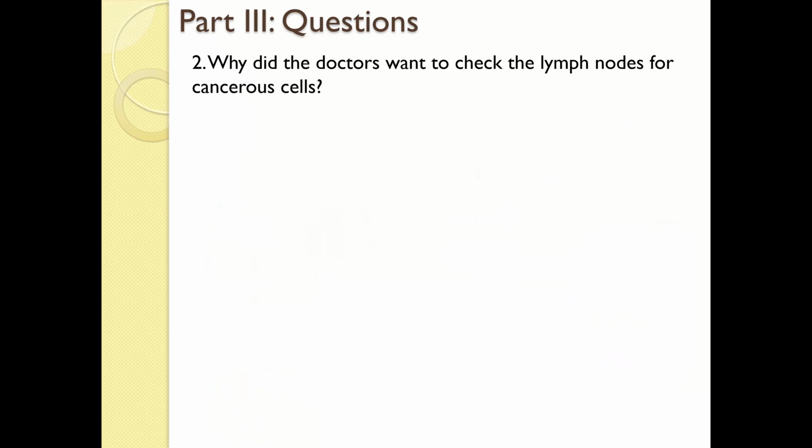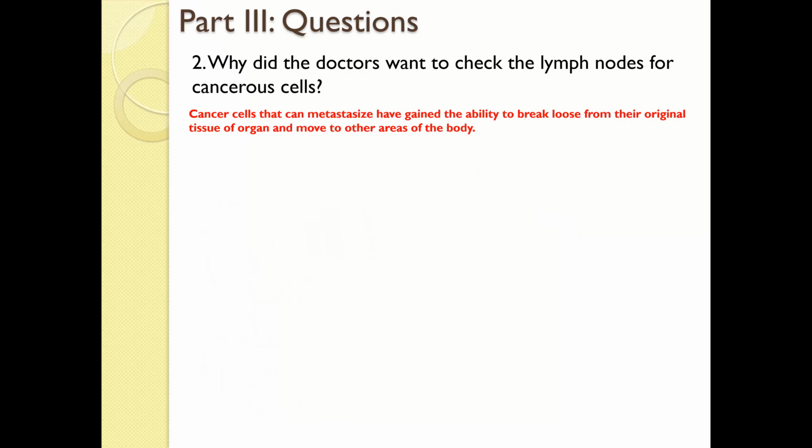Number 2, why did the doctors want to check the lymph nodes for cancerous cells? So cancer cells that can metastasize have gained the ability to break loose from their original tissue or organ and move to other areas of the body.